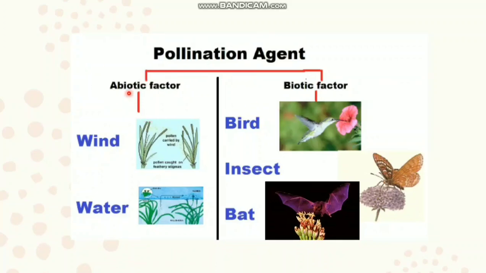Abiotic agents are non-living agents like wind and water. Biotic agents are living agents which carry out pollination. Examples are birds, insects, bats, etc. So today we are going to study the floral adaptations seen in different plants pollinated by these different pollinating agents.